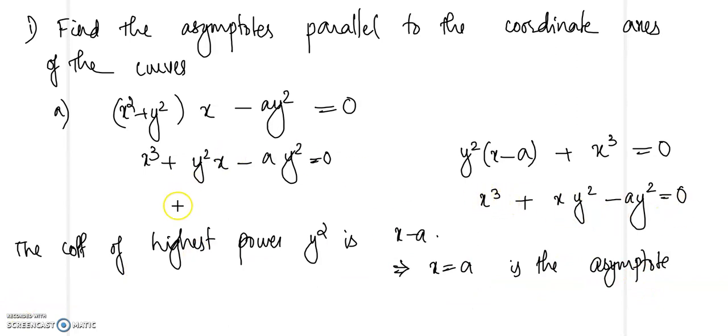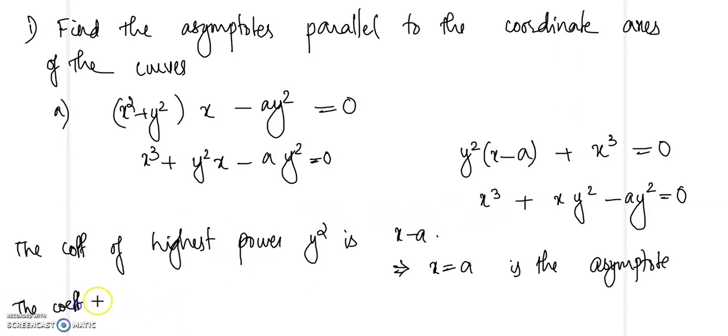Now we need to find the asymptote parallel to the x-axis. When the coefficient of the highest power is a constant, in this case we will not have an asymptote parallel to the x-axis.